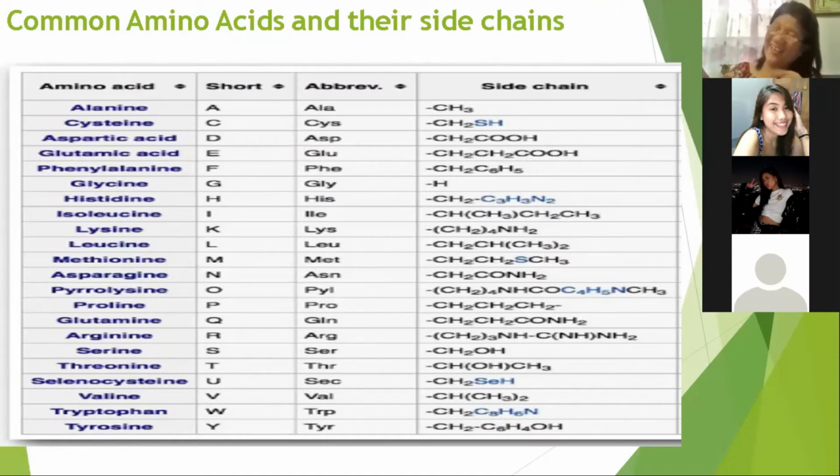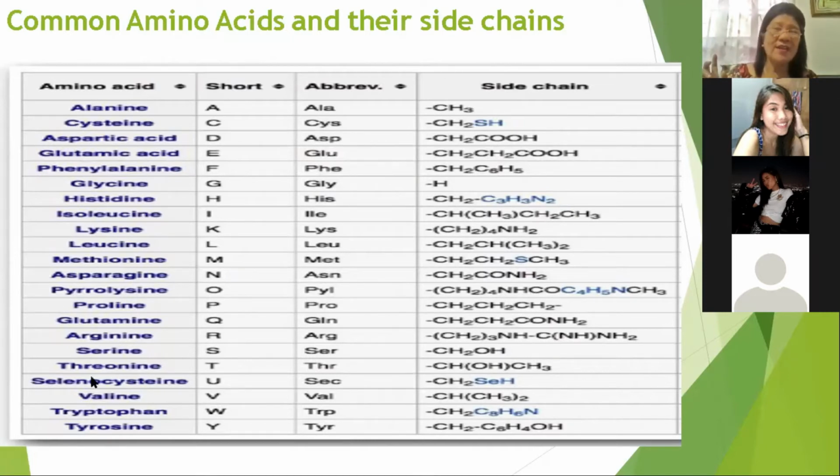Did you get it? Okay, I repeat: the central C, then H, then COOH, then the amine NH3. The side chain on the other side is CH3. That is how it is written in the structure.